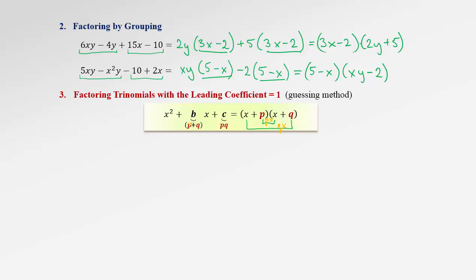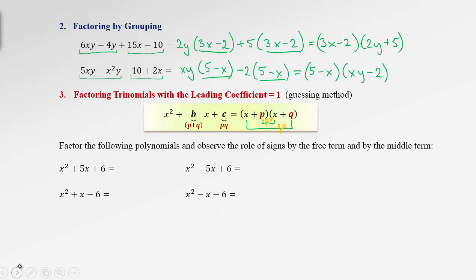So p plus q really gives us the middle coefficient b. Therefore, we are looking for two numbers that will multiply to c and that will add to b. So our guessing is really educated guessing. We'll also observe how to pull the information about the signs, the middle sign and the last sign.